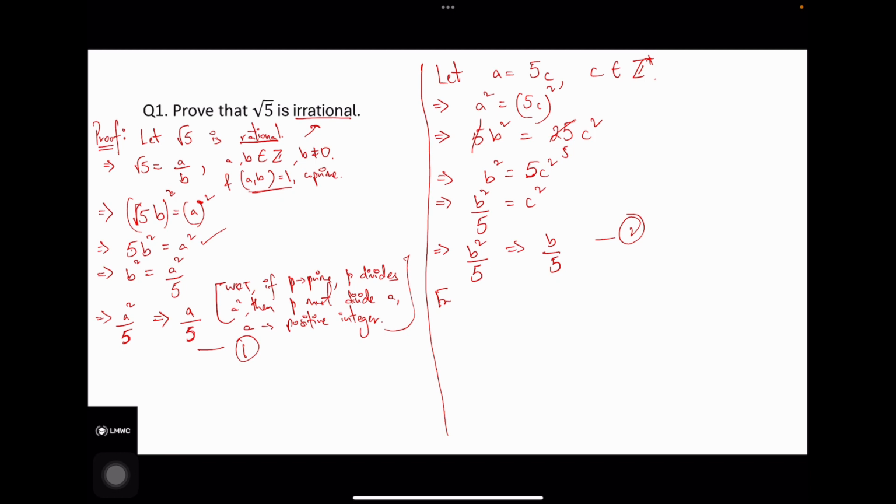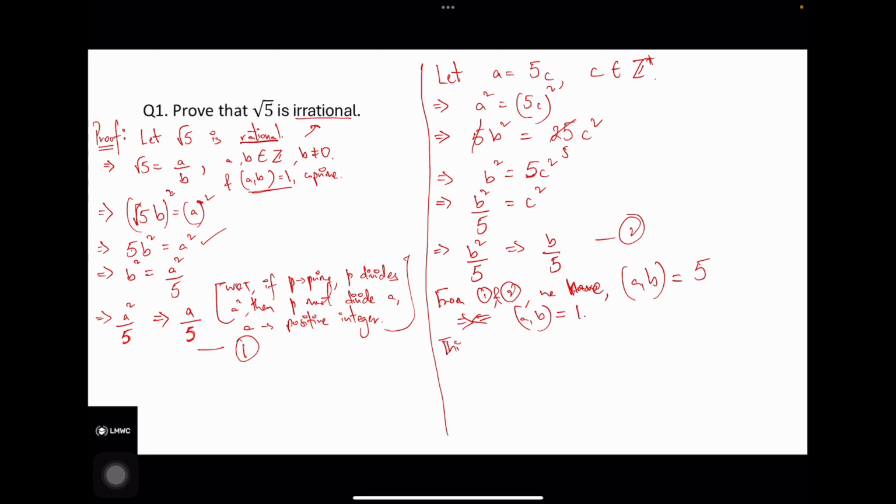So from 1 and 2, we can conclude that a and b have a common factor 5, and this contradicts a and b being co-prime.